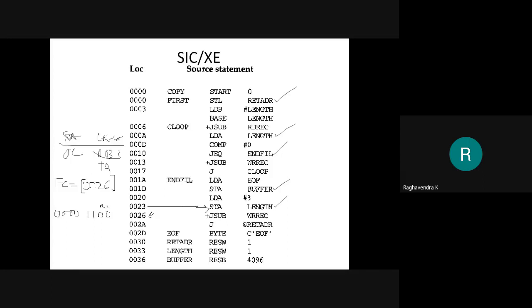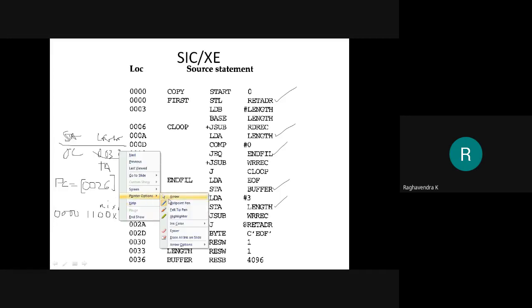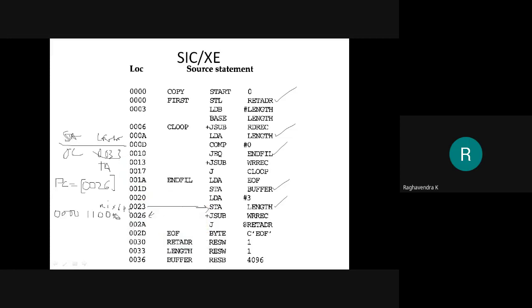So N, I, sorry, X, B, P and E. So X is set to 0, B is set to 0, P is set to 1 and E is set to 0. So neither immediate nor indirect. So 1, 1. So these are the values of the flag fields.